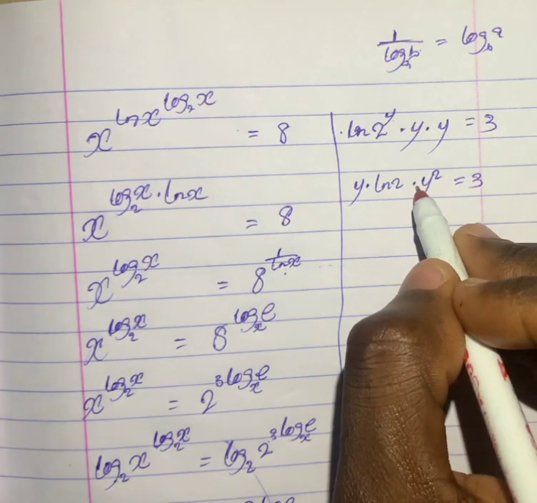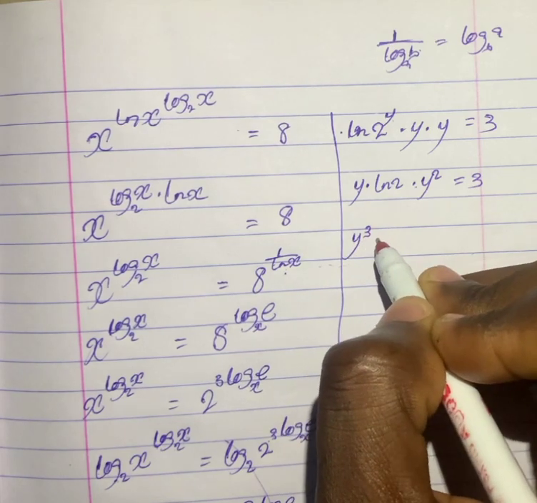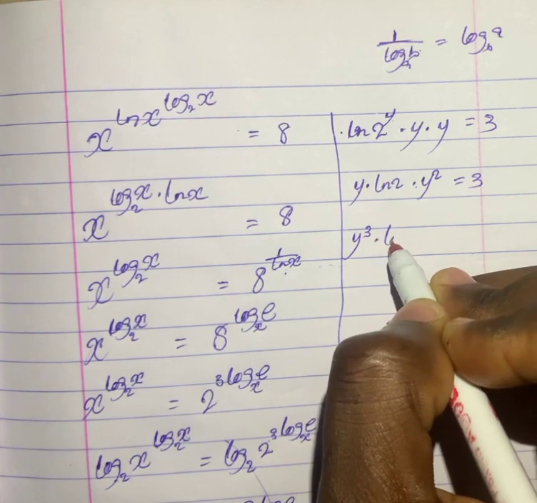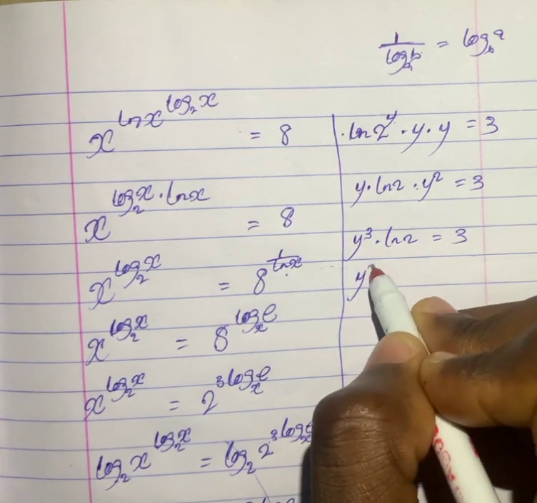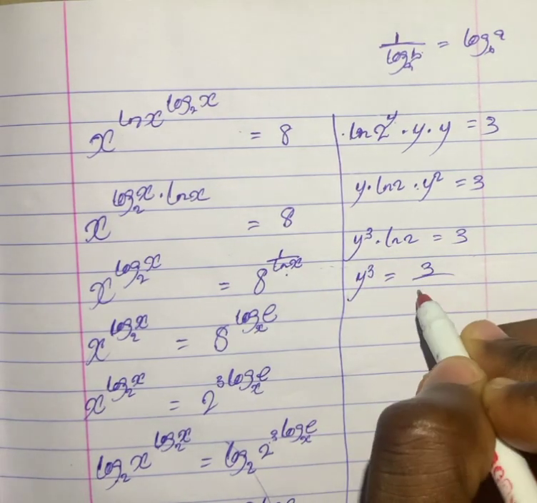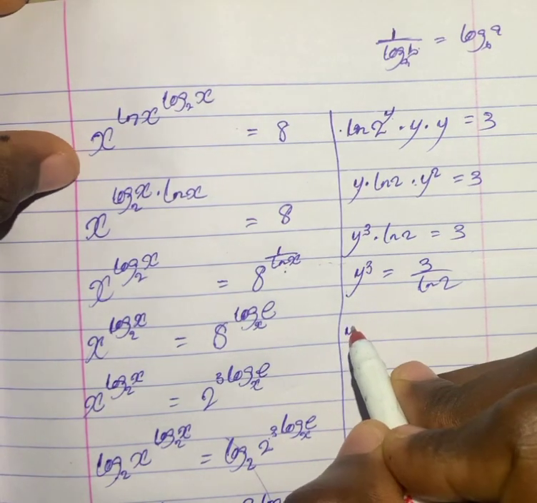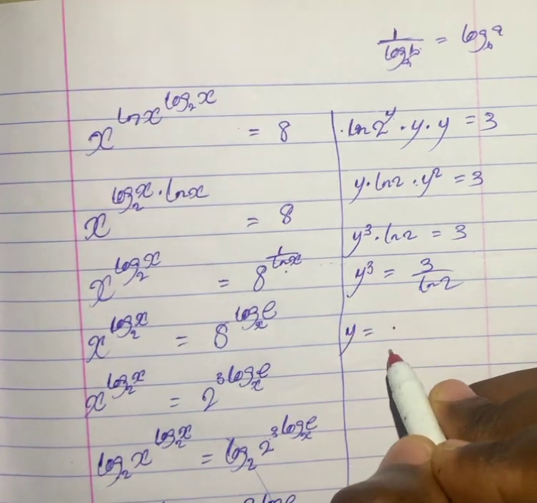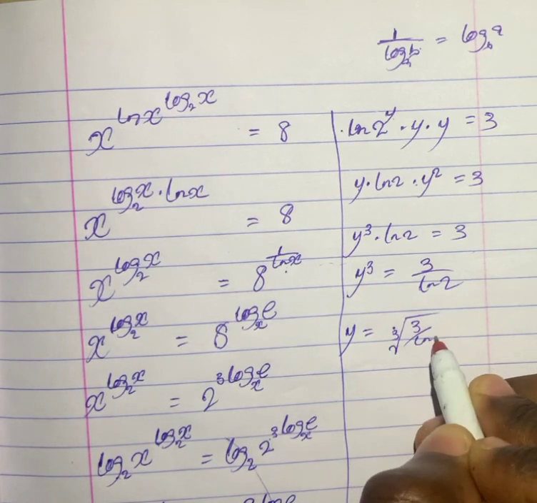These can be multiplied together, so you see y cubed times ln 2 equals 3. So y cubed equals 3 over ln 2. Now y equals the cube root of 3 over ln 2.